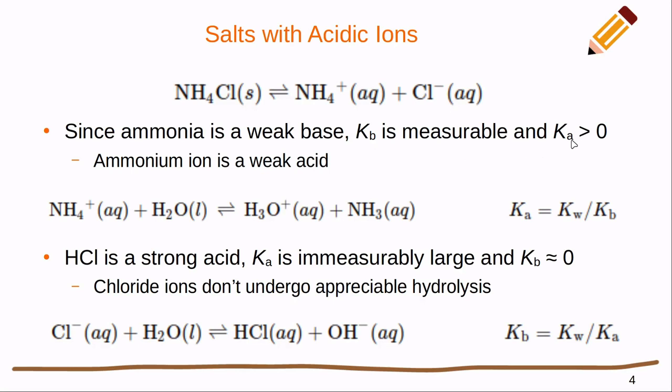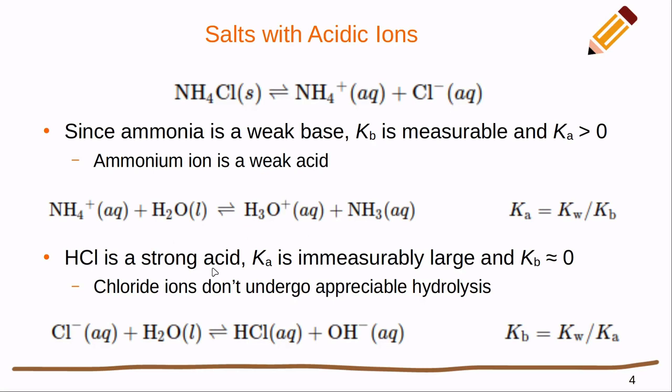And that means that the Ka of its conjugate acid is going to be some value greater than 0. We could have also just looked up the Ka value of the ammonium ion directly, but this is a little bit more general of a methodology. That means that the ammonium ion is a weak acid, and it's going to have an acid reaction with water where it produces hydronium ions.